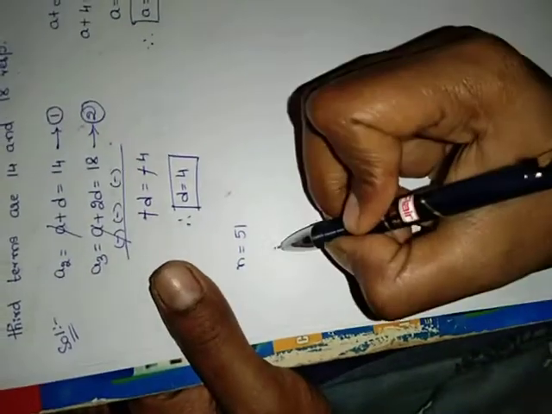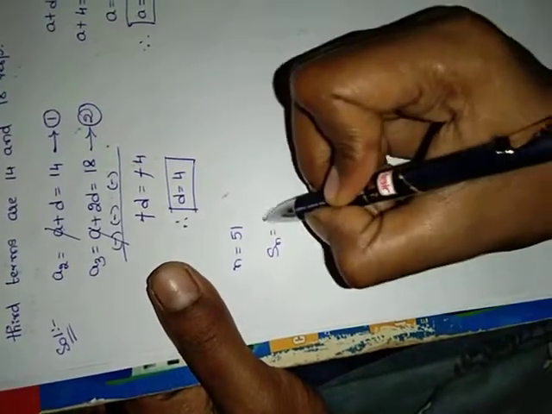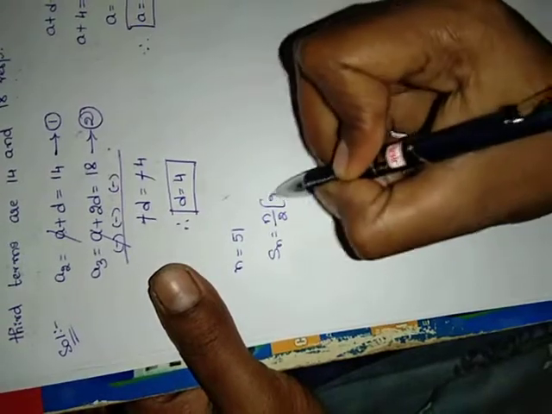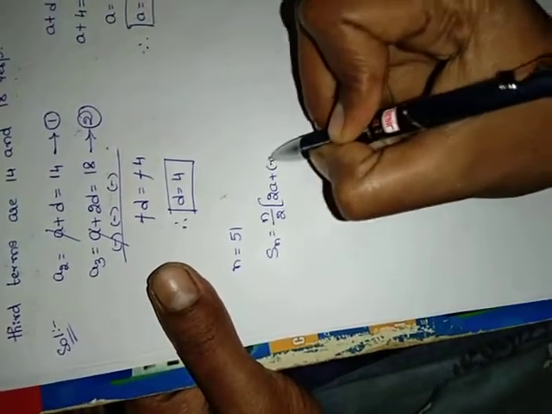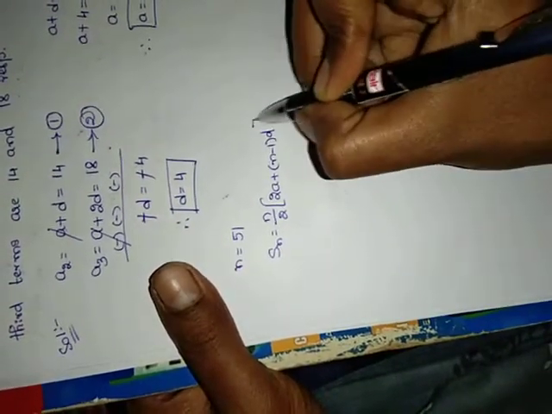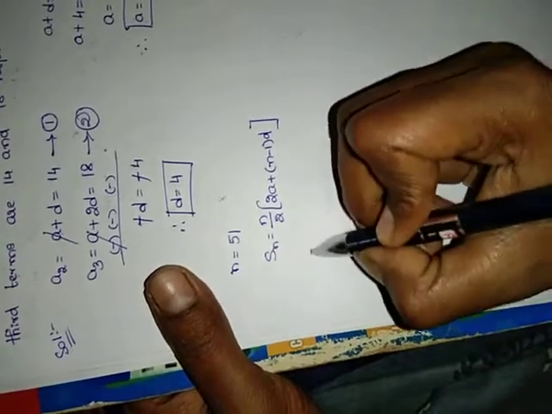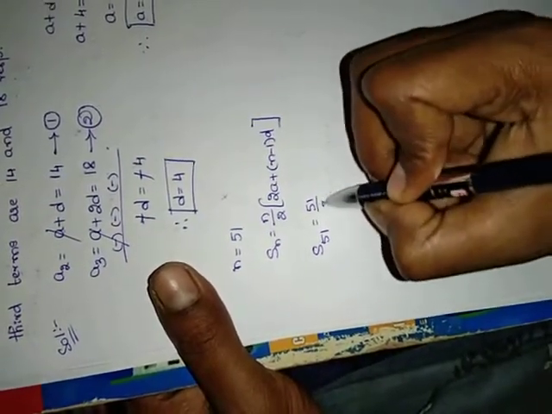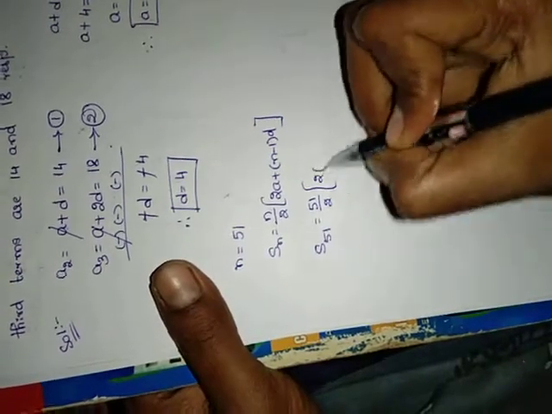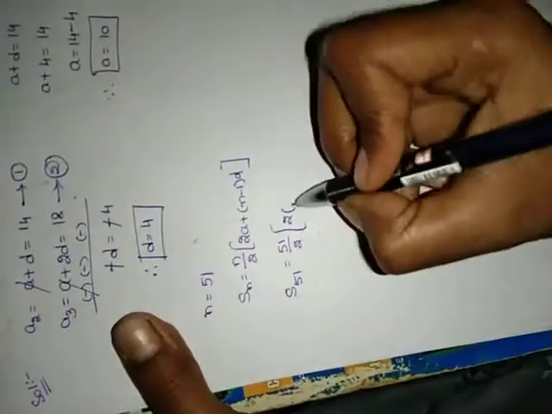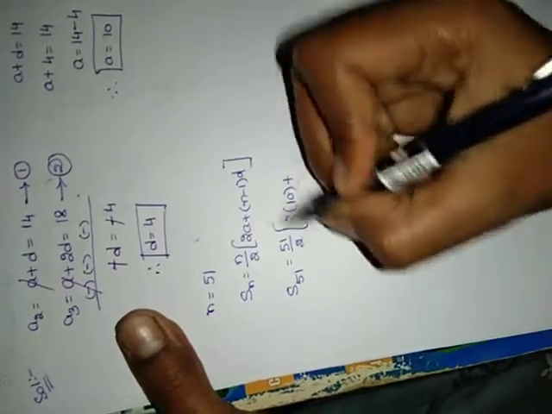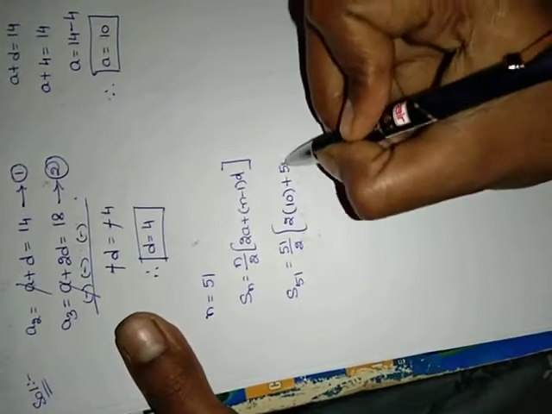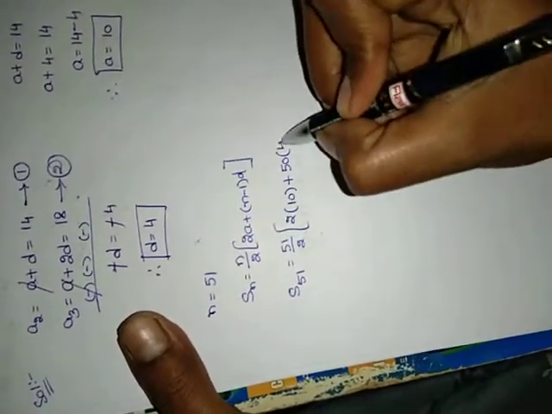We know the Sn formula. Now what is the Sn formula? n by 2 into (2A plus (n minus 1) into D). In this, substitute all the values. S51 equals 51 by 2 into (2 times the A value 10, plus (51 minus 1), how much? 50, into D value 4).